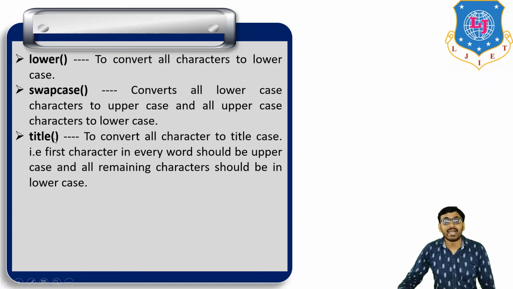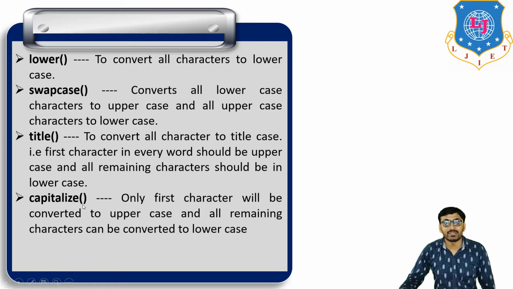Then fourth, the title method converts all characters to title case. It means the first character in every word should be uppercase and all remaining characters should be lowercase. So it is the title method. Then next one, the capitalize method.